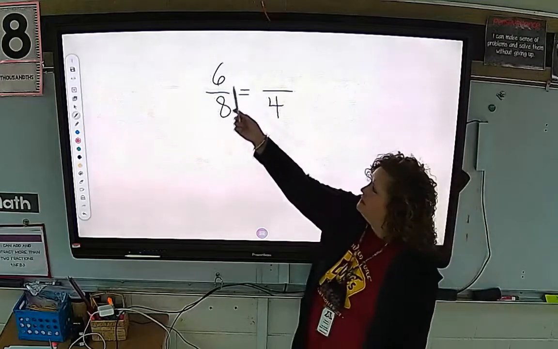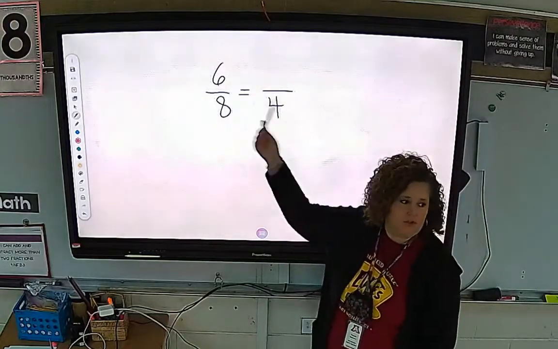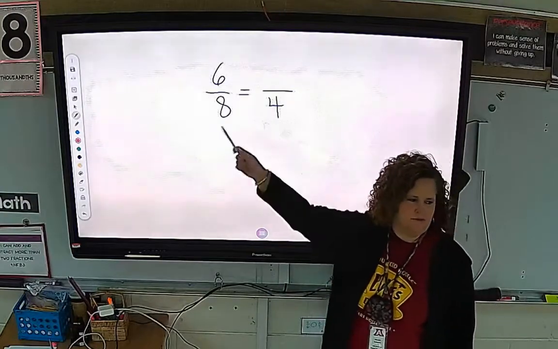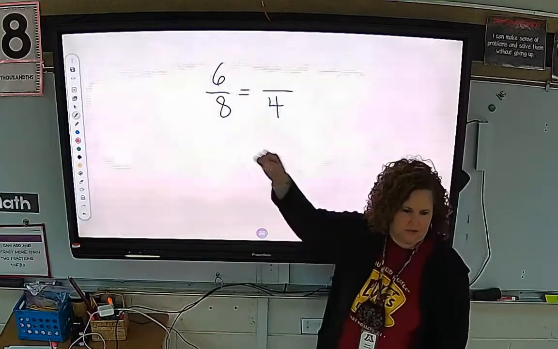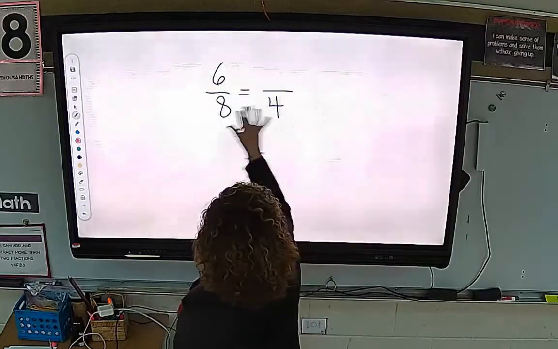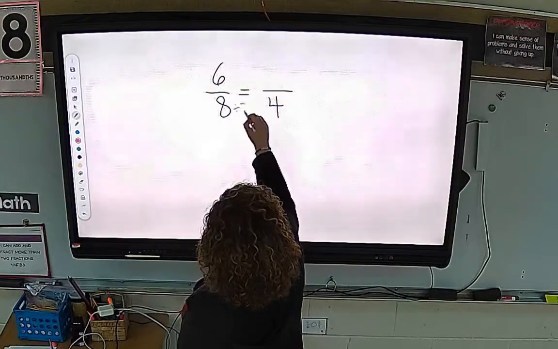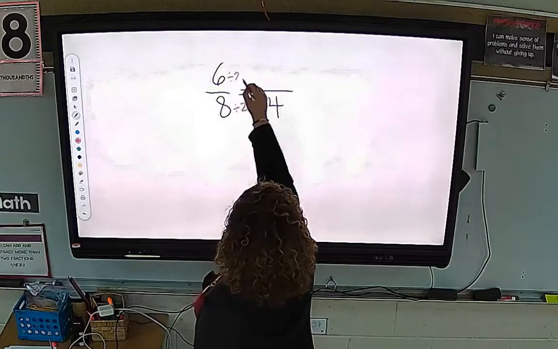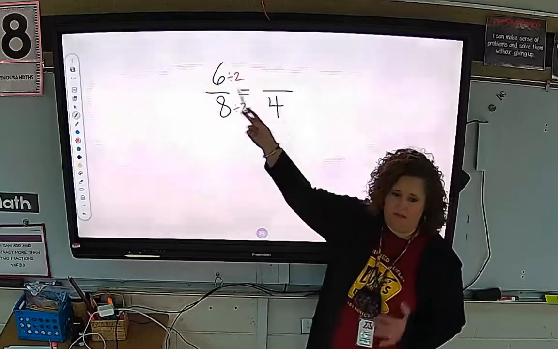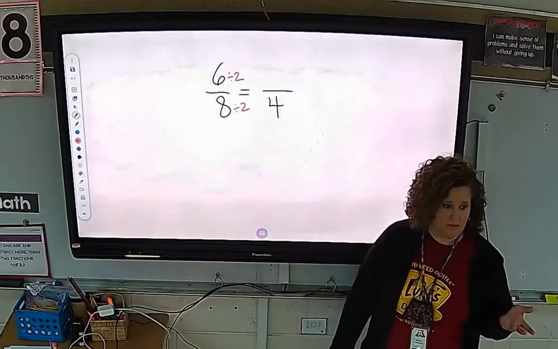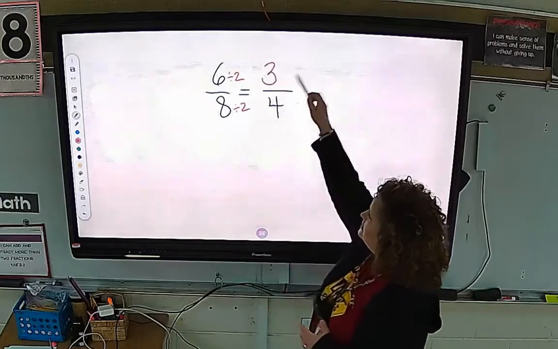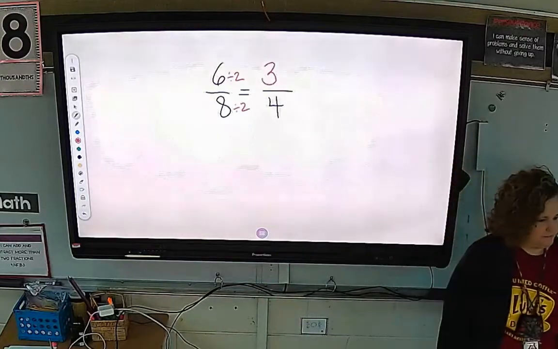If we divided, since we're going from kind of larger to smaller here, we would really go with dividing, even though I know our mind is, if you look at it the other direction, you can think of multiplication. But since we have both of these, let's divide both of these by 2. Okay. 8 divided by 2 is 4, so 6 divided by 2, and we can do that, is what? 3. All right, so 3/4 is our equivalent fraction.